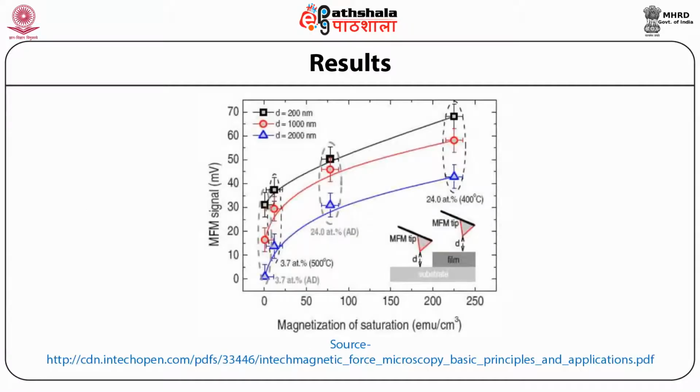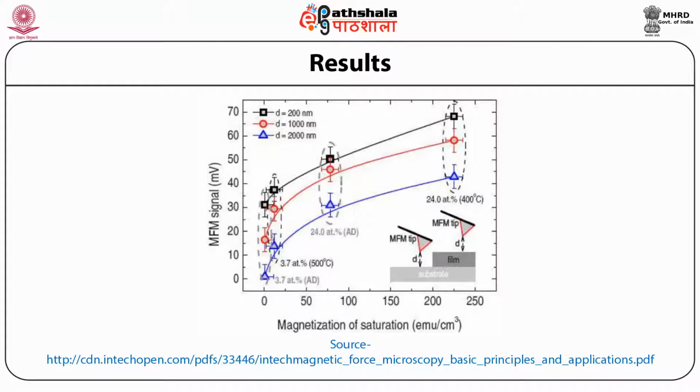Here, magnetization of saturation point versus MFM signals in millivolts have been given, and magnetization has been given in the units of EMU per cubic centimeter in terms of volume, if one measures the three dimensions. These plots are there for D 200 nanometers, then 1000 nanometers, and in terms of triangle, it is 2000 nanometers.